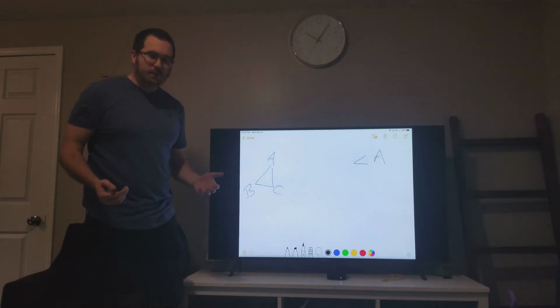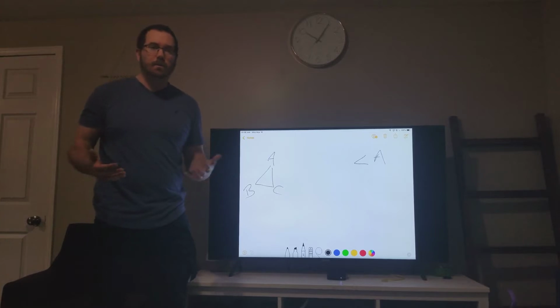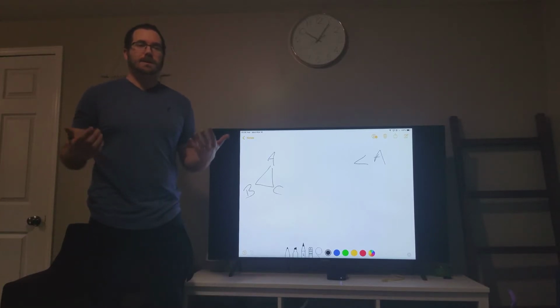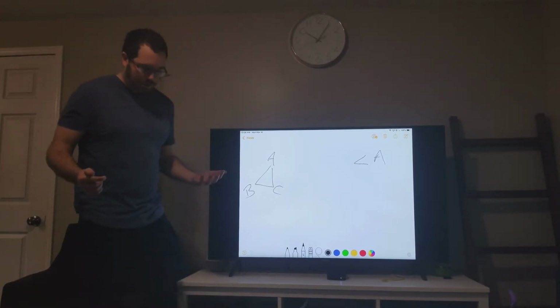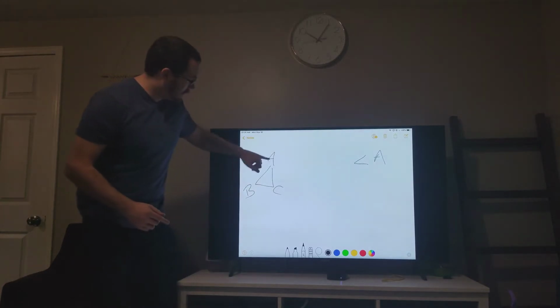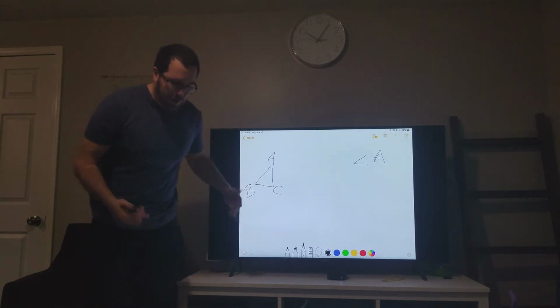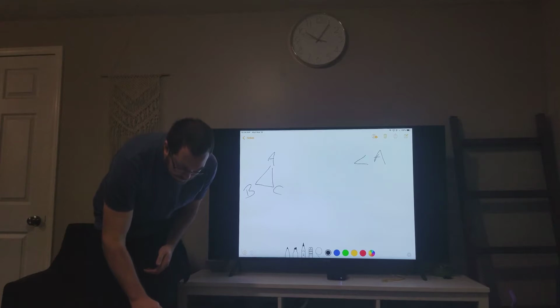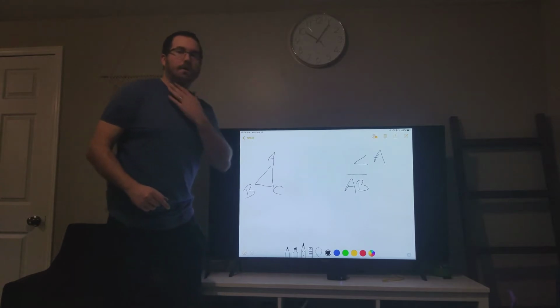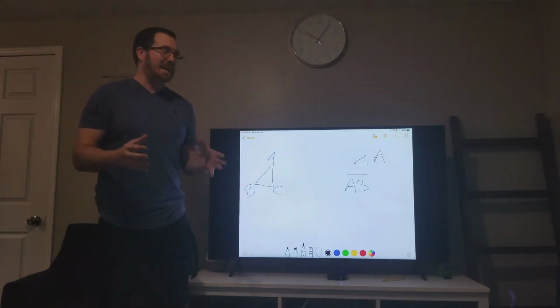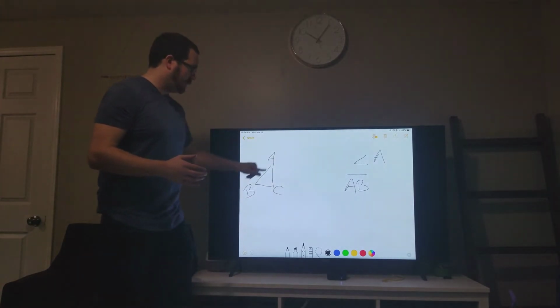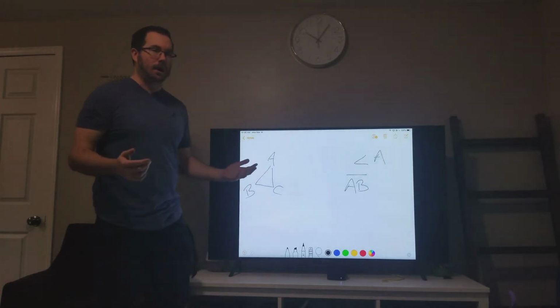We can also sometimes talk with triangles or with any shape about different side lengths. So you could talk about, for example, side length AB. Our way of showing that is that we would say A, B, and we would put a line above to show that we're talking about a line segment AB, this line right here in the triangle.